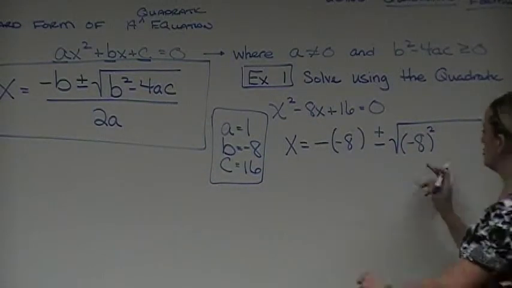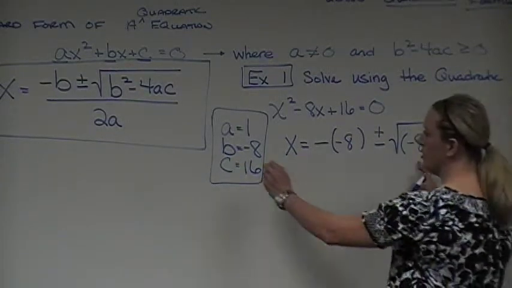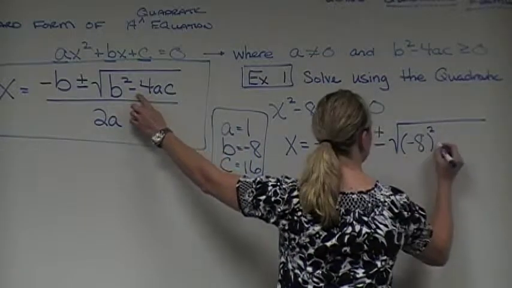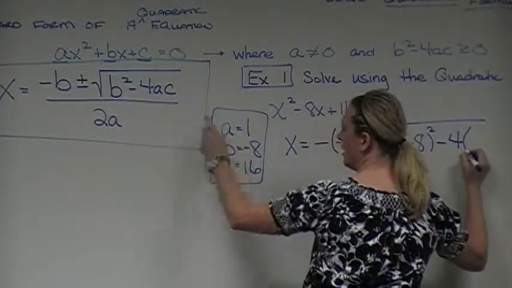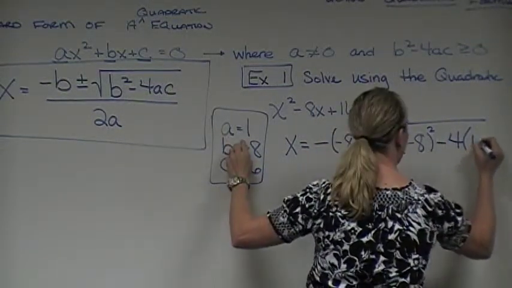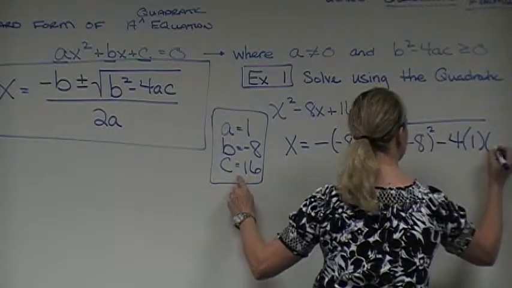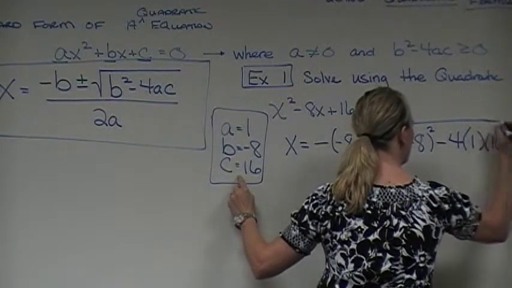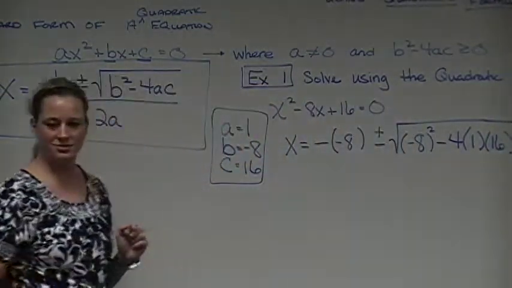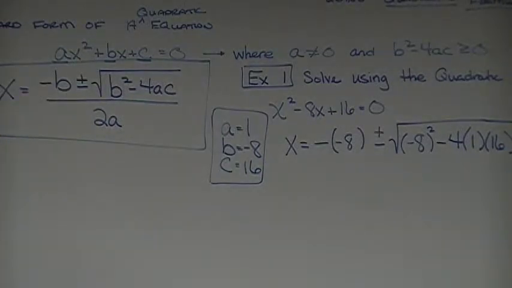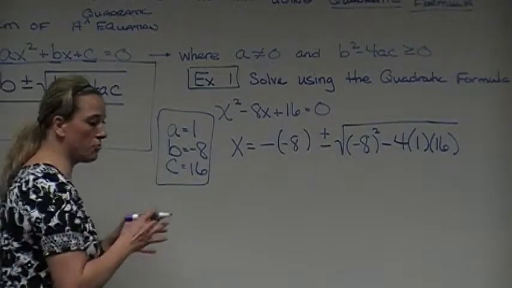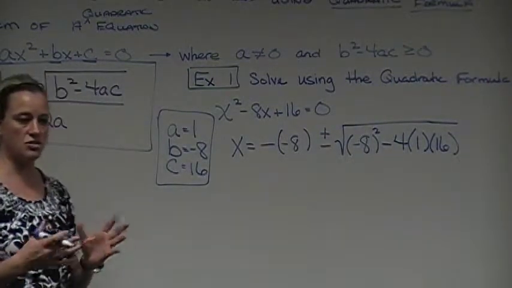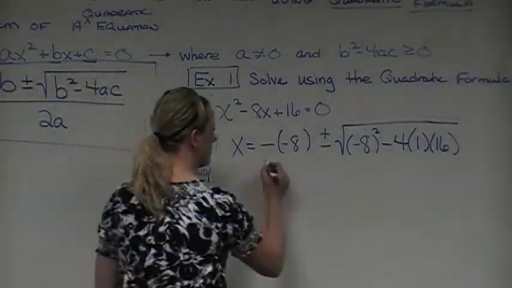So B squared, minus 4 times A, which is 1, times C, which is 16. Notice I'm putting all my values in parentheses so that you don't miss any. Putting them in parentheses doesn't hurt. It's just a kind of safety net.